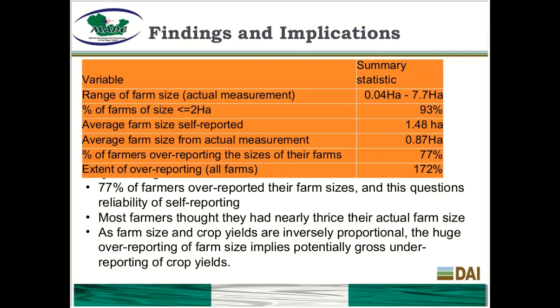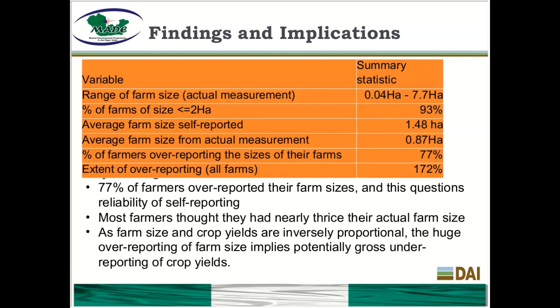Then we saw also that some are over-reporting deliberately, because in some countries, like in Nigeria, the financial institutions will usually link the size of your enterprise with the amount of loan you want to get from the bank.